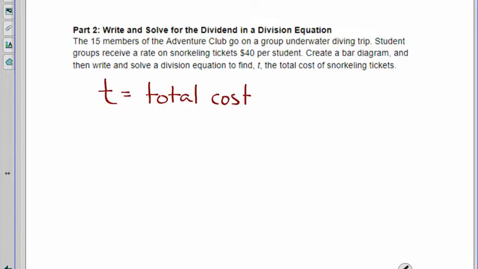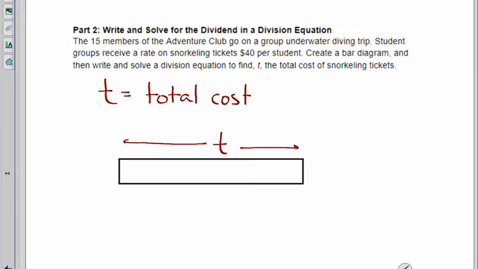So t is my variable. That's the total cost of the tickets. And here's a bar that represents that total cost. And that cost is made up of each student ticket. Each ticket was $40. There's 1 ticket, 2 tickets, so on and so forth. And we bought 15 tickets.